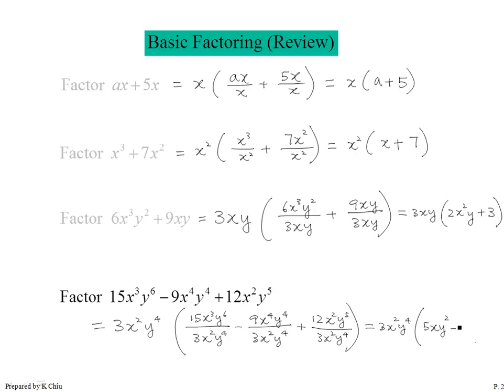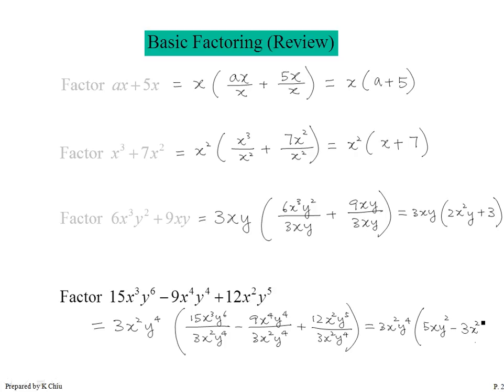Minus 9 divided by 3. 3. X to the 4th divided by x squared. X squared. Y to the 4th divided by y to the 4th. What would that be? Y to the 4th divided by y to the 4th. What do we get? 1.